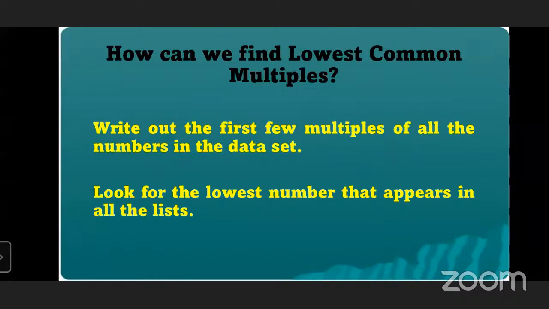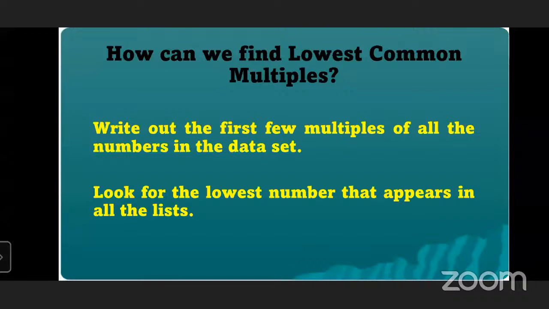Now, this is the basic that we should know about LCM. Now, how can we find the LCM, the lowest common multiple? There is a short method, a basic method. Write out the first few multiples of all the numbers in the data set.